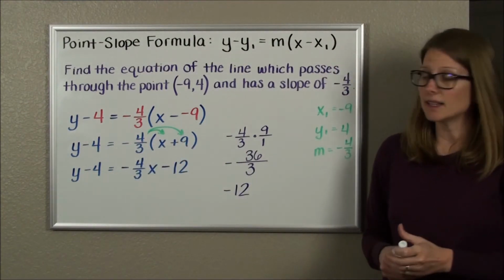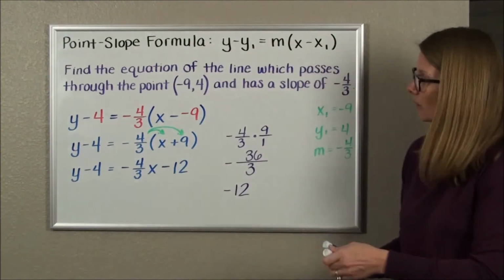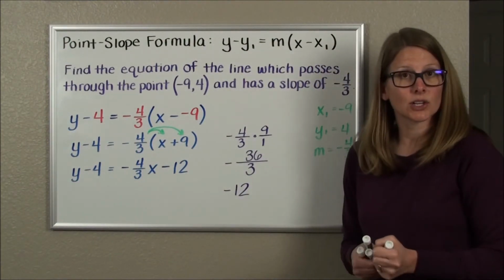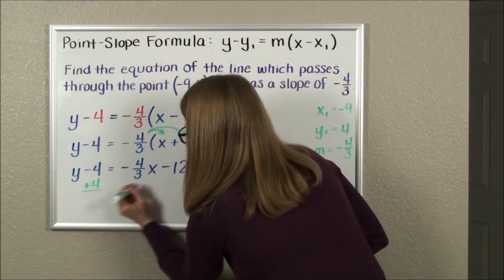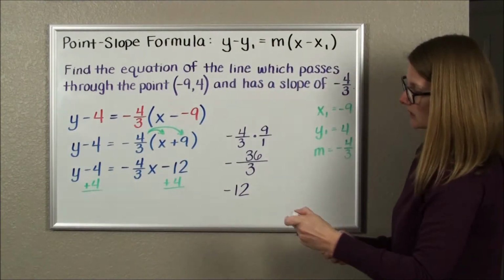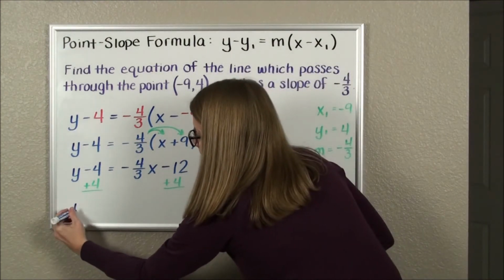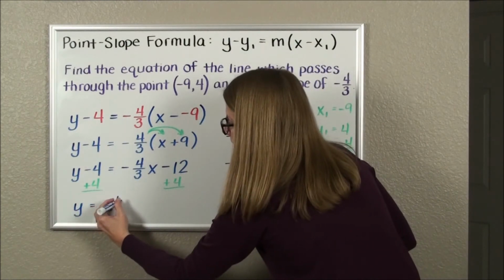And so now for my last step to try and write this in slope-intercept form, getting the y by itself, I want to relocate that 4. Since it's currently negative, I will add 4 to both sides to relocate it. Remember, whatever you do to one side, you do to the other to maintain the balance. So now I have y by itself on the left. On the right, I have that -4/3 x.